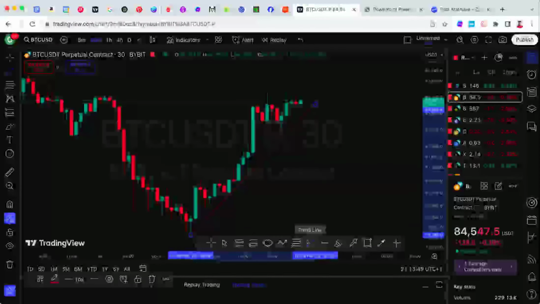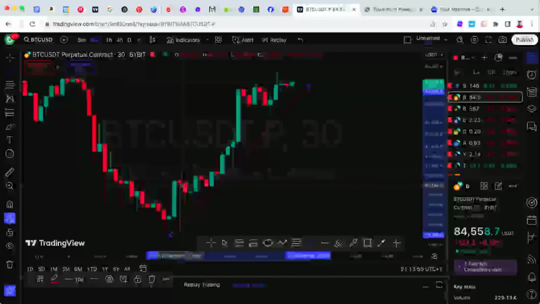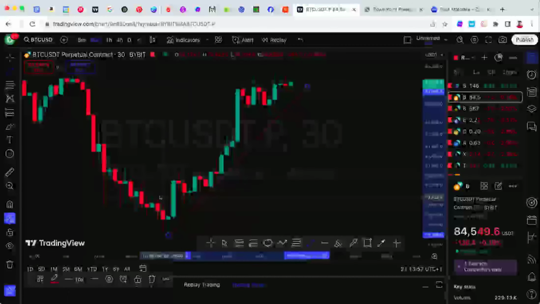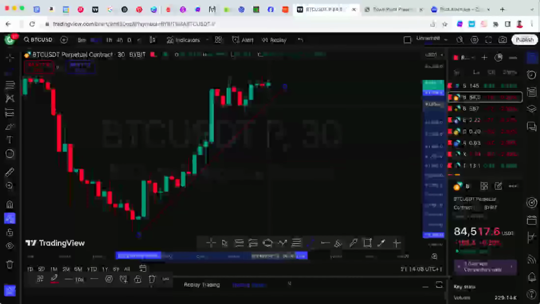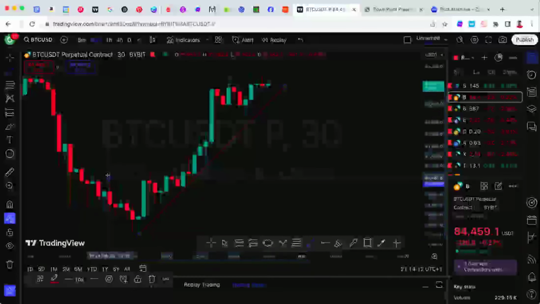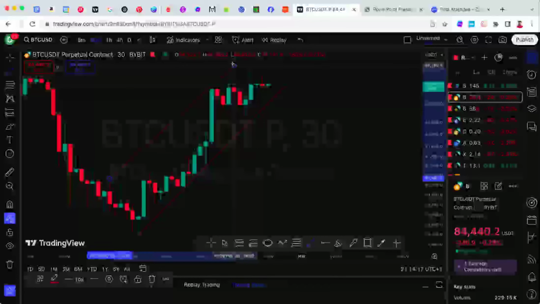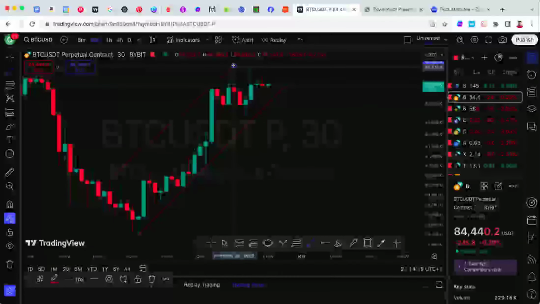Bitcoin is not actually giving that typical example that you see. You want to look for a channel, but I want to try my best to make sure we see something that we can use for the example I'll be giving. All right, you do your trend line from here, and then you draw another one from here.